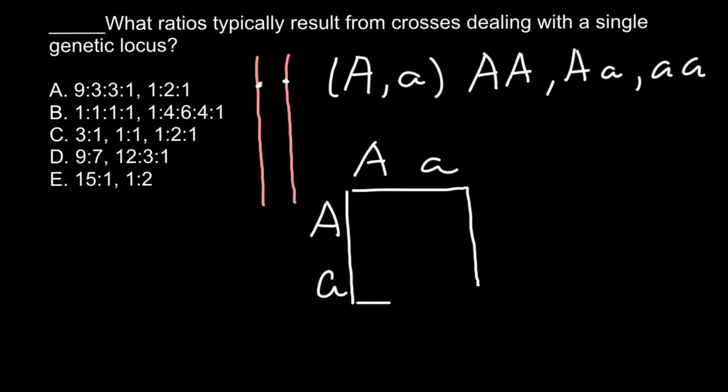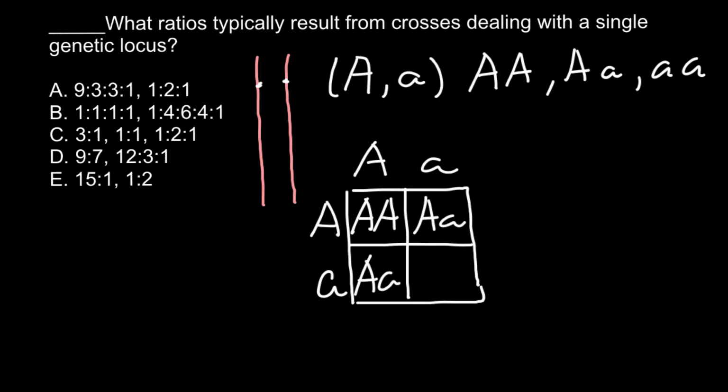In a simple dominance model, in the progeny we are going to see the following genotypes and phenotypes: capital A capital A here, capital A small a here, capital A small a here, and small a small a here.